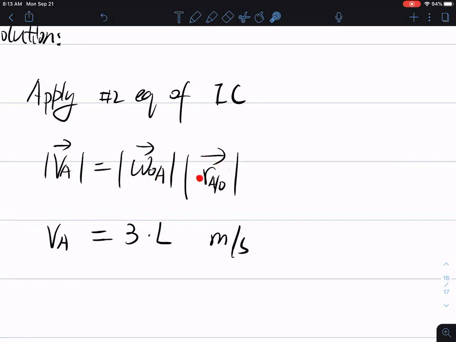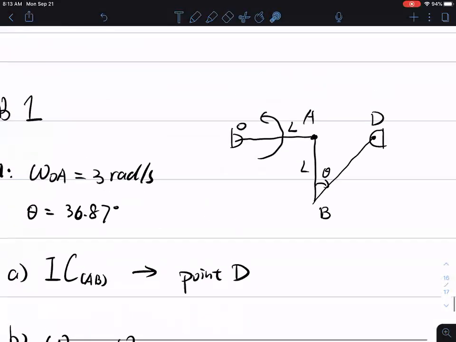And the distance here must be the distance from the instant center of this rigid body to that point A. In this case here, point A is right here, and we're looking at this rigid body. We know the omega, which is omega OA, and the distance from that point to the instant center, which is point O, the distance is L.